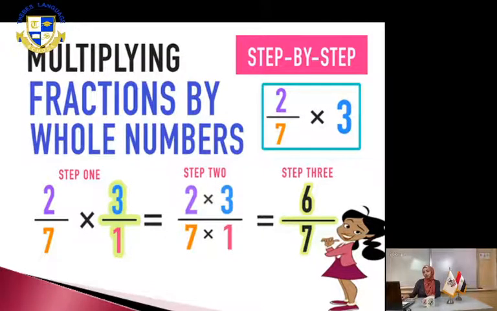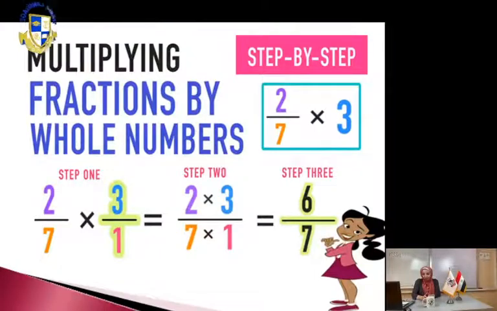Another exercise. When we want to multiply a fraction by a whole number, how can we do it? It's so easy. We can convert the whole number into a fraction. How? You can put 1 under the whole number. Why 1? Because 1 does not change the value of the number.